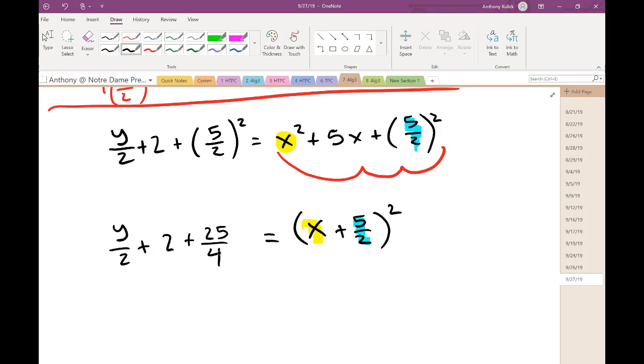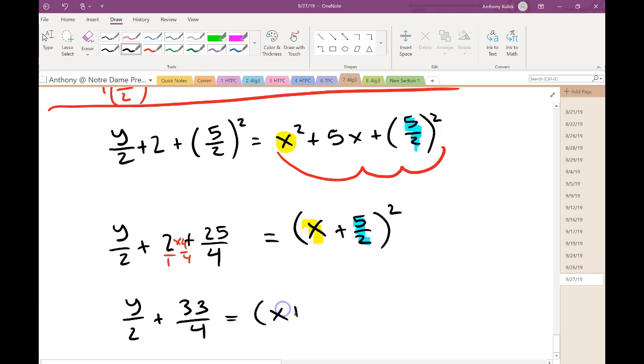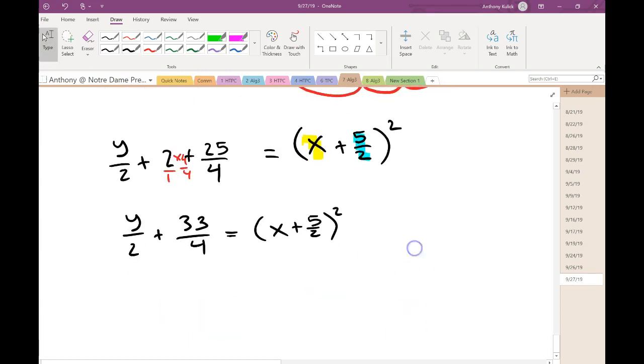Everybody agree with that? So I will multiply 2 over 1 by 4 over 4. So 2 times 4 is 8, and 8 plus 25 is 33. And the denominator stays the same when we add fractions. Everybody okay with what we did there?